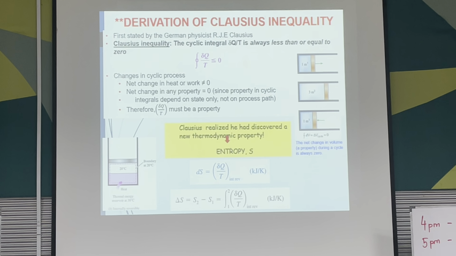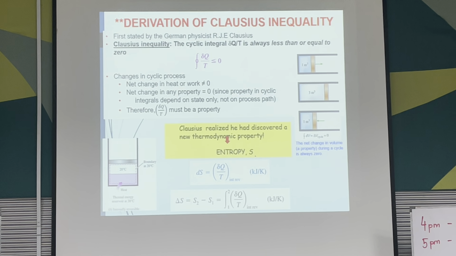So from here, he obtained a new property called entropy. So entropy change, the general equation, as you can see here: ds is always delta Q over T. That is the general equation.